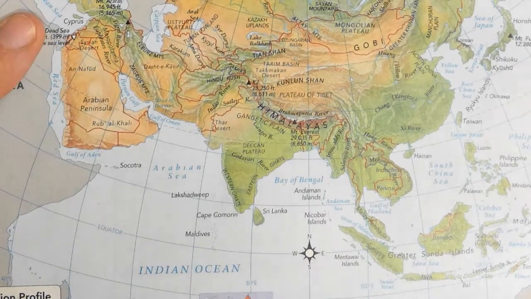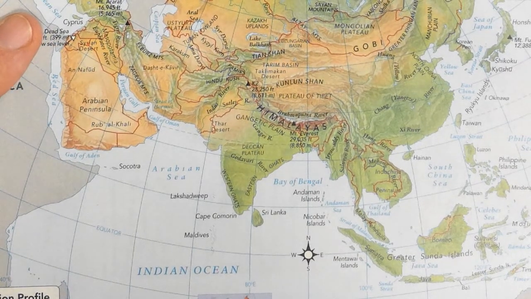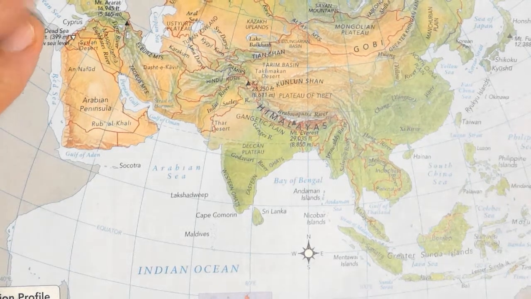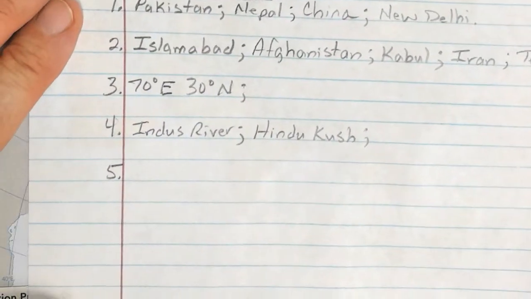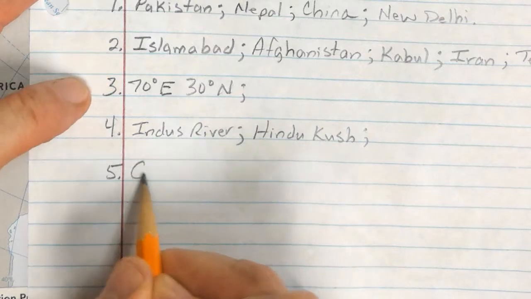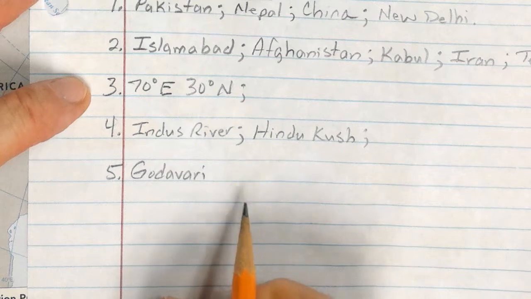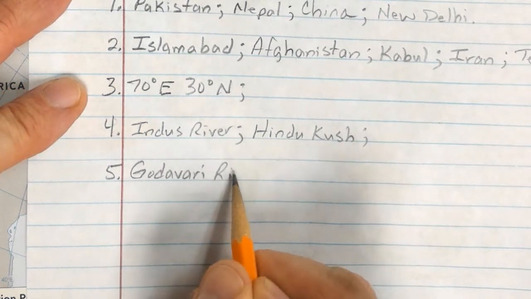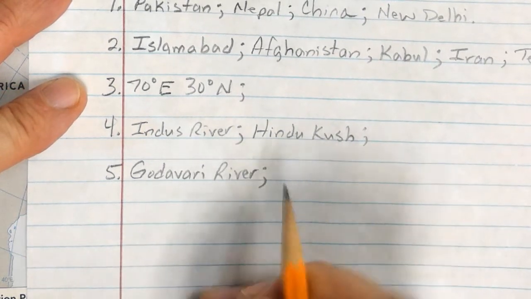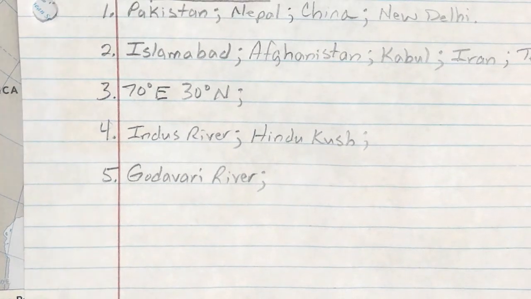Let's see, how do you spell that? Looks like there it is right there. Godavari River. So that's what we're going to write for number 5. The Godavari River. Semicolon.